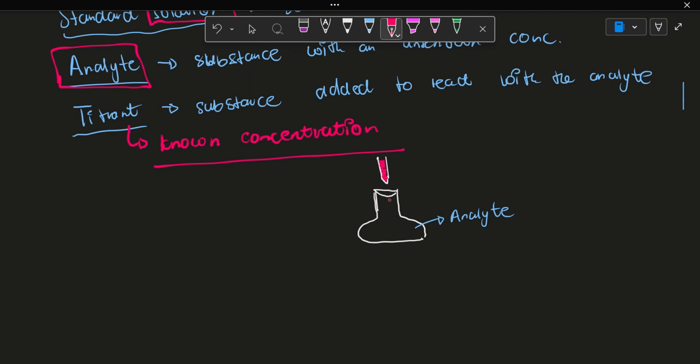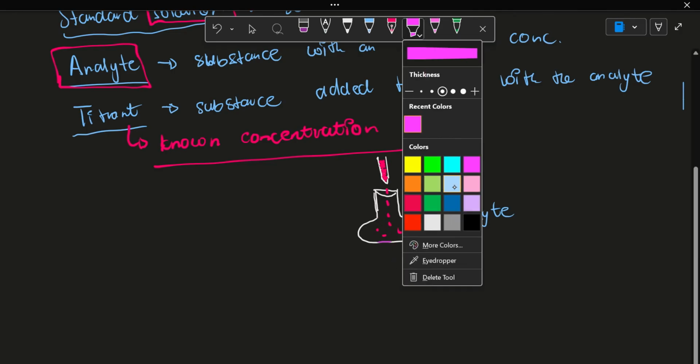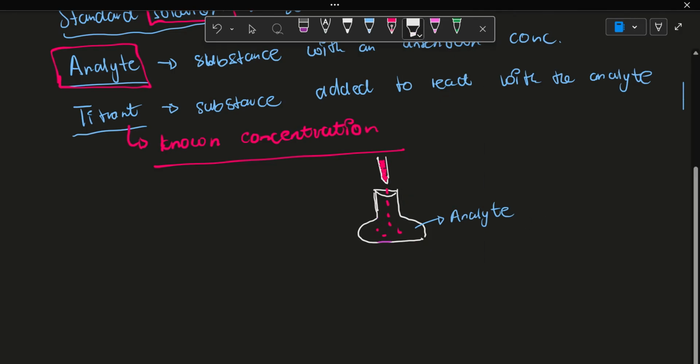What you actually start doing is you slowly add, drop by drop, your titrant into this particular analyte. So remember, in this solution, we have our analyte, and it's a different color. So I have my analyte in there, and then I start pipetting drops of my titrant, right?